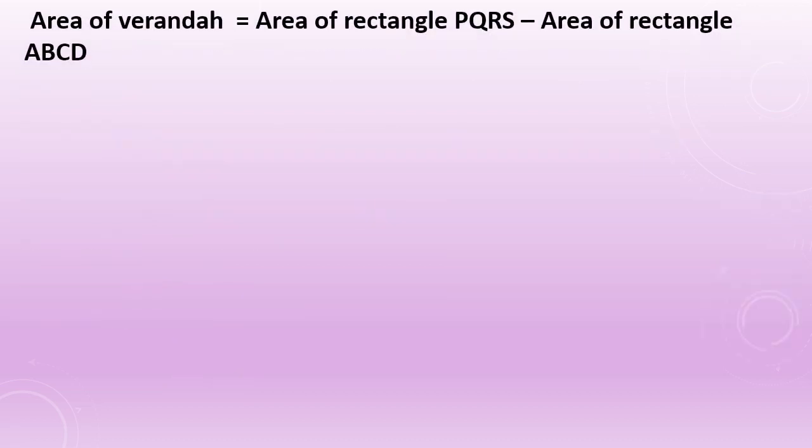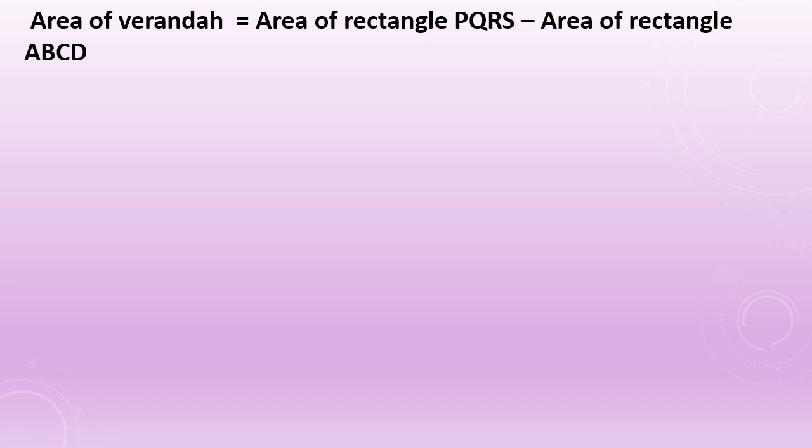And then we have to find the area of the veranda. How to find the area of the veranda? Yes, area of bigger rectangle minus area of smaller rectangle. So here we know the area of rectangle ABCD. Then what do we have to find next? Yes, next we have to find the area of rectangle PQRS.